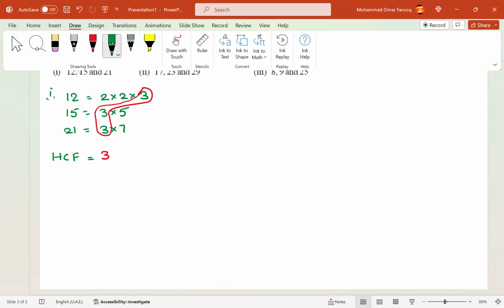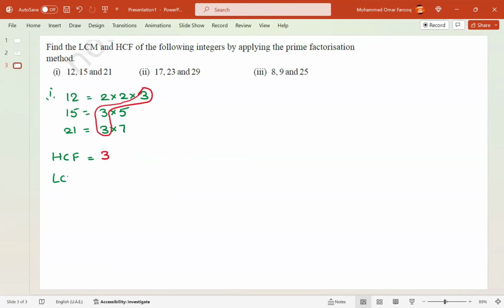But when we come to LCM, we take all prime factors. How are we going to take them? For example, 2 square multiplied by 5 multiplied by 7 and multiplied by the common factor, that is 3.